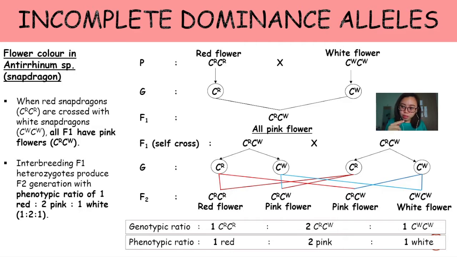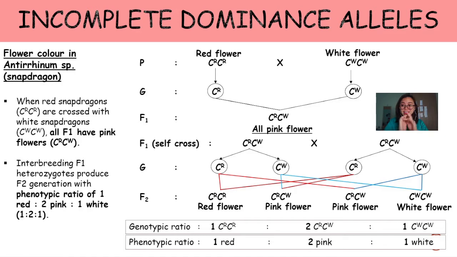In incomplete dominance, the phenotype will be an intermediate or a mixing or a blending between the two parental phenotypes. Pastikan kamu ingat kata-kata kunci yang saya berikan tadi. Don't worry, we'll have more exercises for incomplete dominance alleles as well. Okay, so that is it for incomplete dominance.